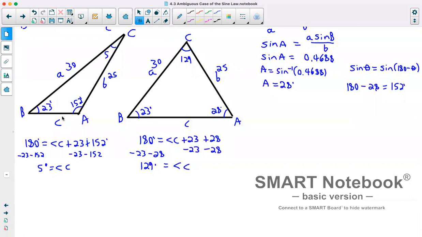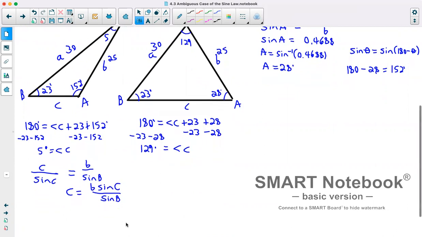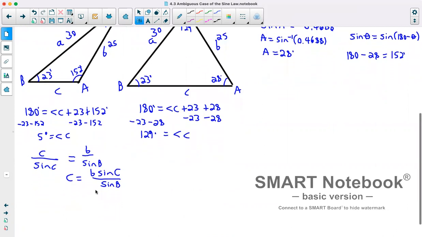So if I'm solving for this side here, that would be C over sine C equals, I'd probably go back to our original value, so B over sine of B. We want to rearrange to get C on its own, so we've got C equals B sine of C over sine of B. Now we can essentially use this equation for both of these.